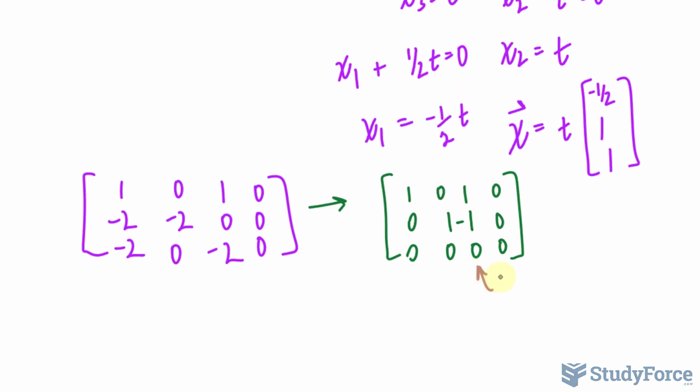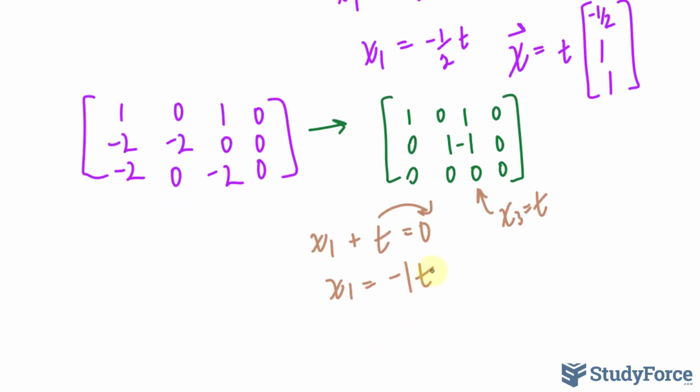So this will be our parameter, x sub 3 is equal to t. And starting over here, x sub 1 plus t, we're not going to write down x sub 3 here because we've already set it as t, is equal to 0. Bring that over. We have x sub 1 is equal to negative 1 times t. For row 2, I have x sub 2 minus t is equal to 0. Bring that t over. We end up with simply that.